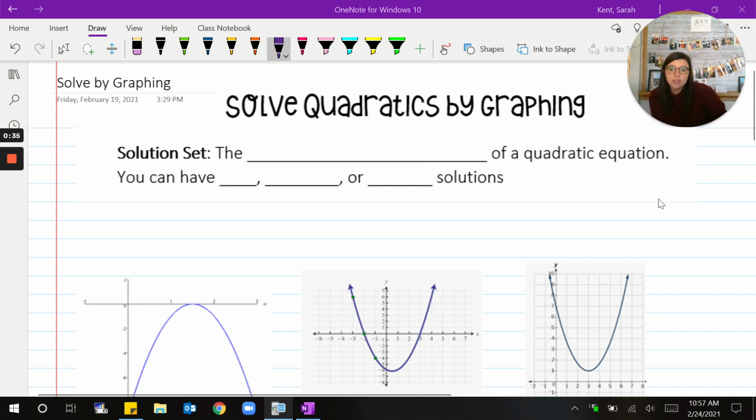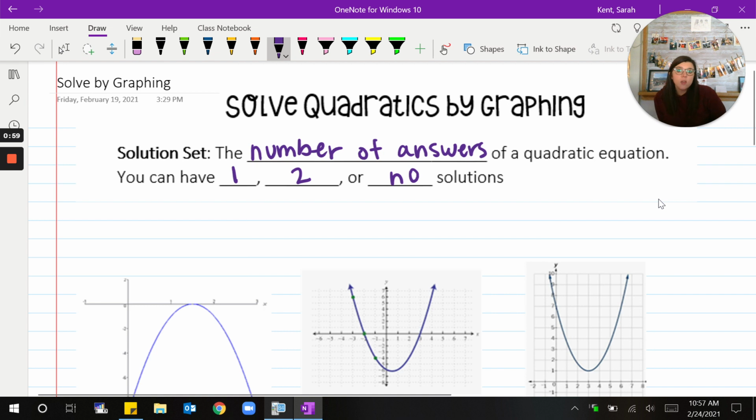So what this is, the number of answers of a quadratic equation. So we can have 1, 2, or no solutions.